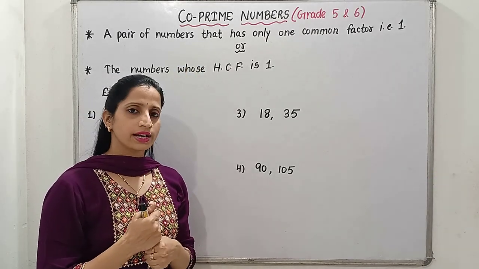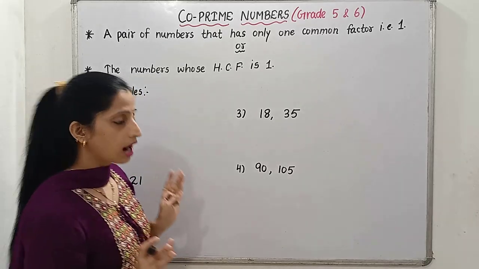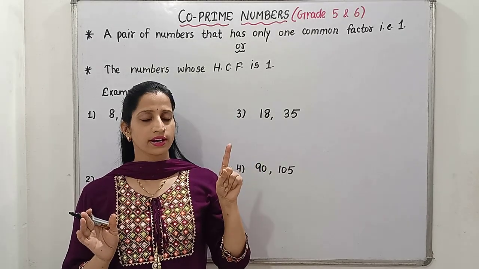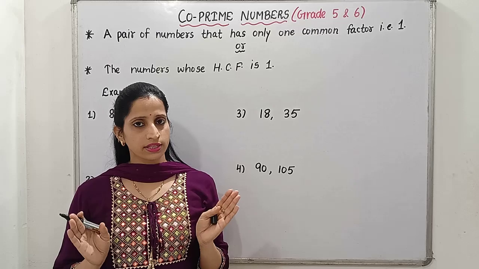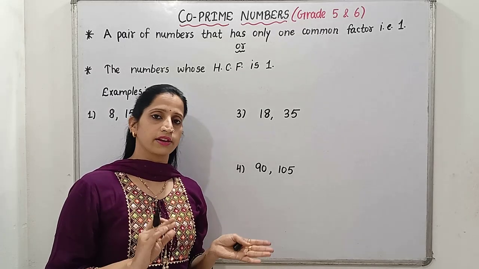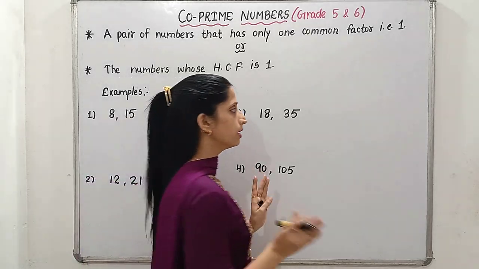Okay. So let's first discuss what prime numbers are. Prime numbers are the numbers which have only two factors, 1 and the number itself. Means the number which is divisible by only itself and by 1 is known as a prime number.